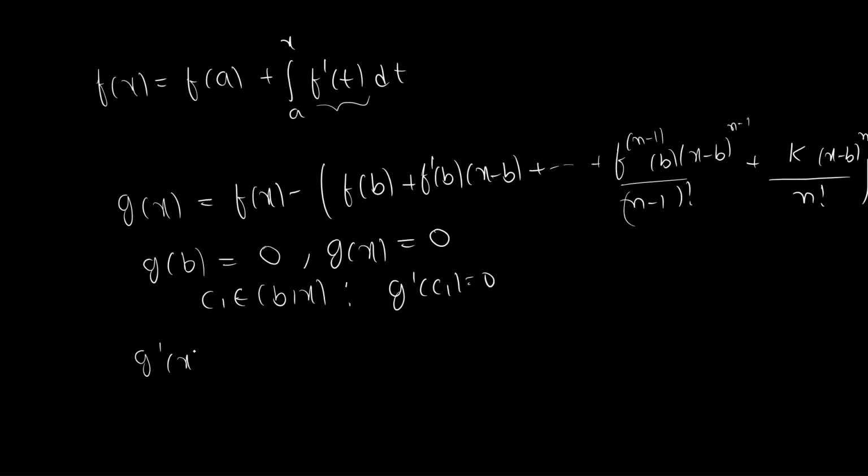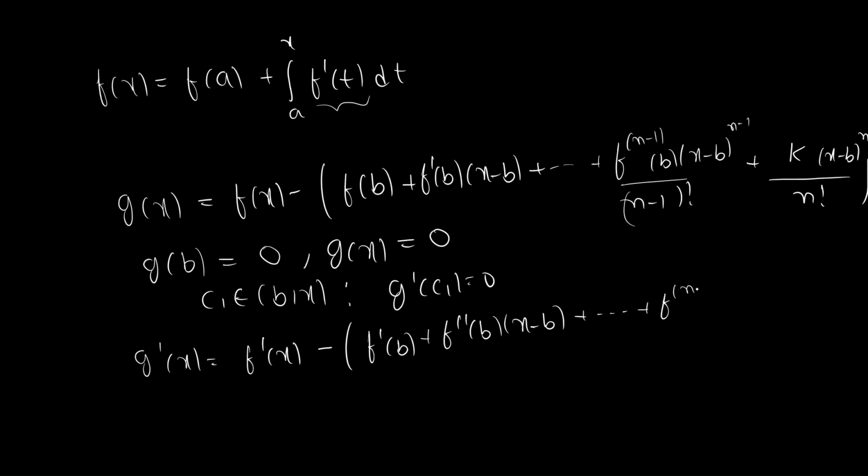Now we can write g'(x) = f'(x) - f'(b) + f''(b)(x - b) + ... + f^(n-1)(b)/(n-2)! (x - b)^(n-2) + k (x - b)^(n-1)/(n-1)!.